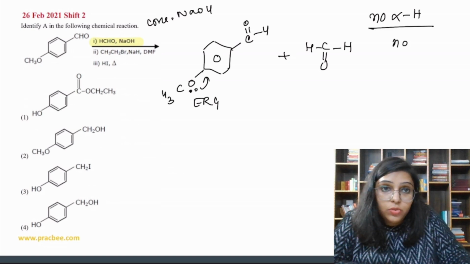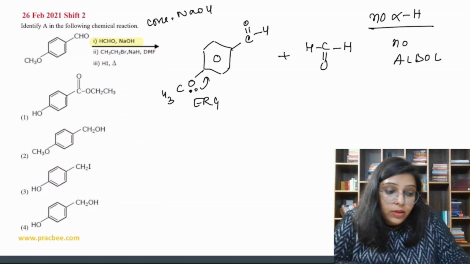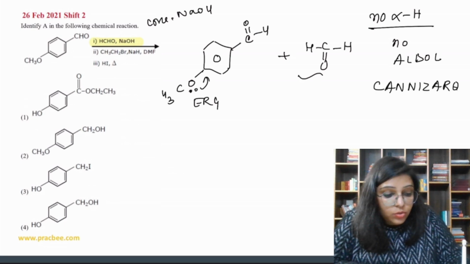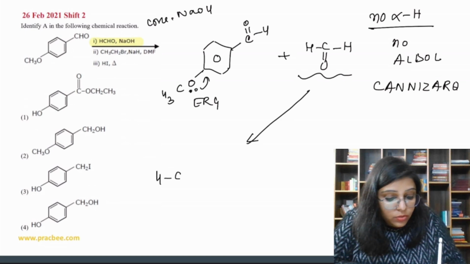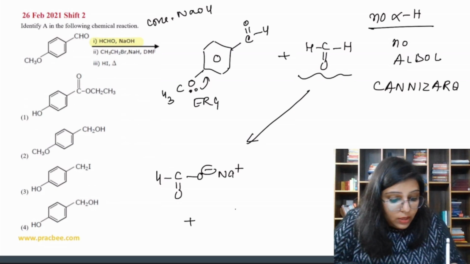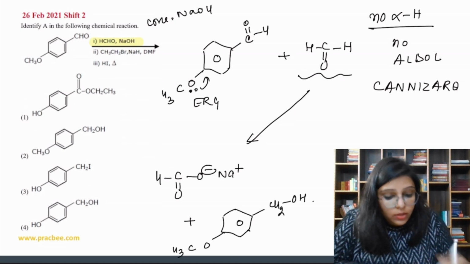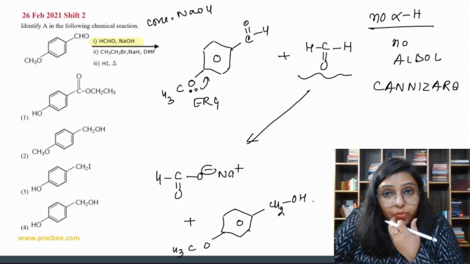No alpha hydrogen means no aldol. No aldol, here we have to do Cannizzaro. So the smaller one is converted to carboxylic acid salt and the bigger one is converted to alcohol.